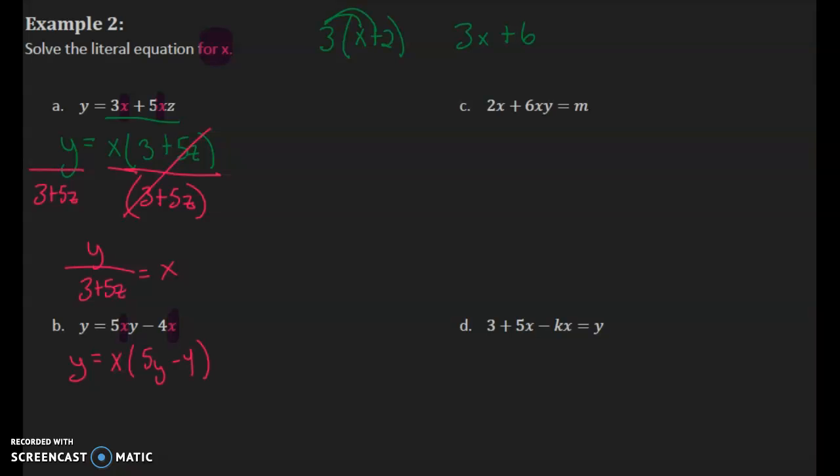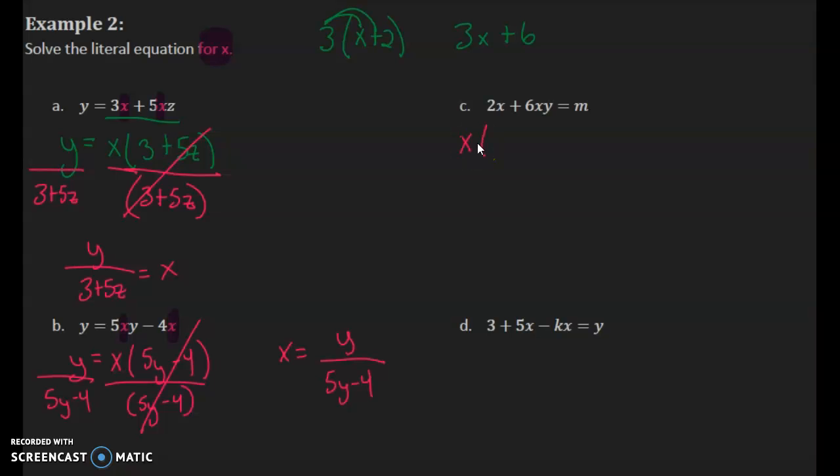All right, so to get the x by itself, it's x times all of this, so I need to divide by all of this. And what I do to one side of the equation, I must do to the other. So I end up with x equals y divided by 5y minus 4. And when you're typing in your homework, you probably want to leave the parentheses off. I don't think it will count correct if you have the parentheses on it. Go ahead and try C now.